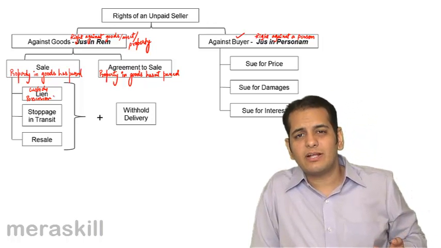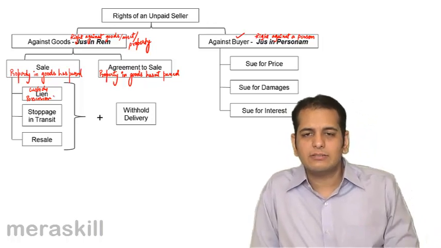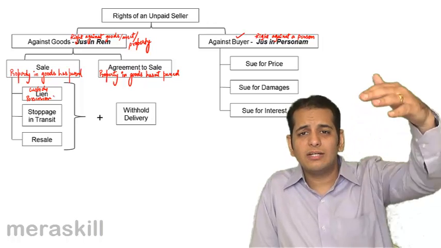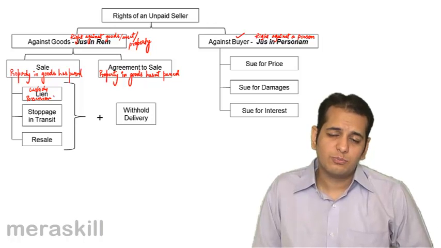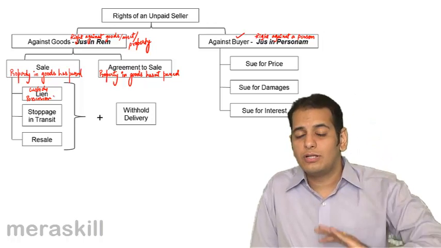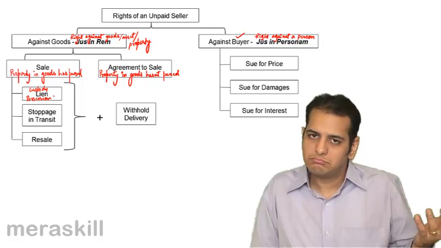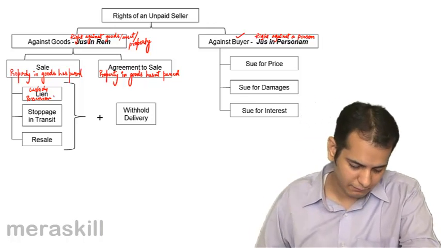Right to stoppage in transit is very simple to understand. The goods are in transit and you call up the carrier or the transporter and ask him not to deliver the goods.